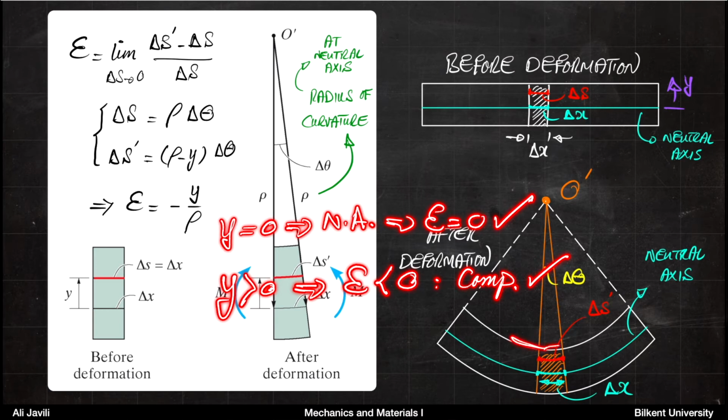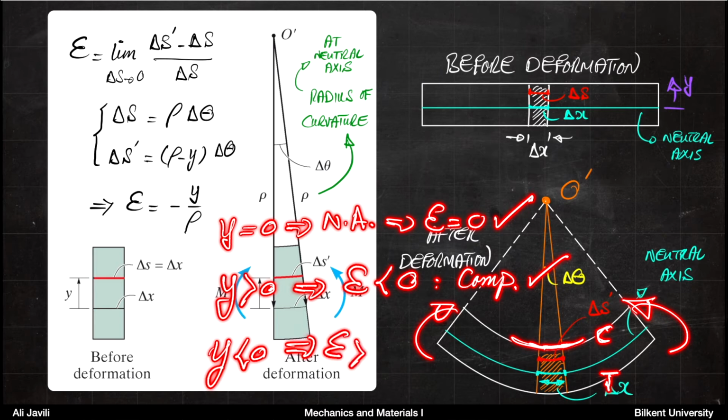That's what we discussed. So above the neutral axis, you expect to see a compression. Below, you expect to see a tension for this type of moment that we apply here. And then if y is less than 0, that is below the neutral axis, then epsilon is larger than 0, which would correspond to a tension, which also makes sense.